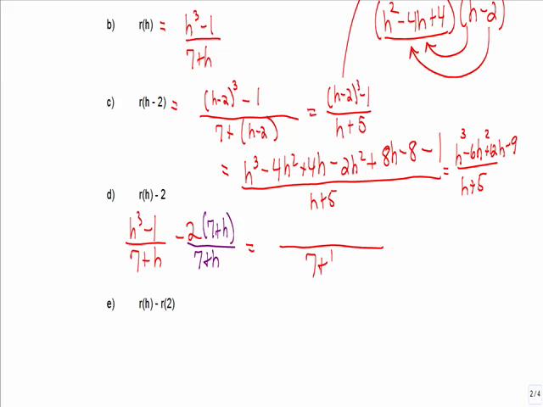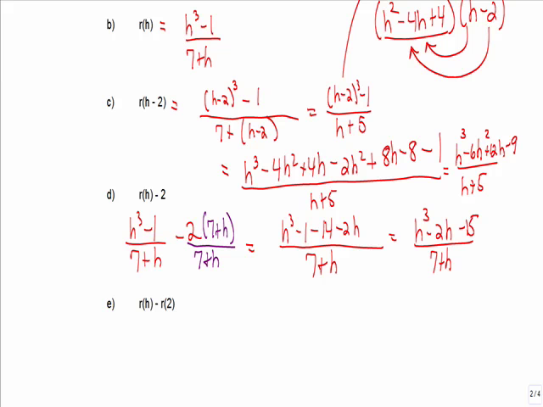Common denominator, 7 plus h. In the numerator, I'd have h cubed minus 1. And then when I distribute the negative, because I would have to do that along with the 2, that would give me negative 14 minus 2h. And my final answer would be h cubed minus 2h minus 15 over 7 plus h, which would not simplify anymore.